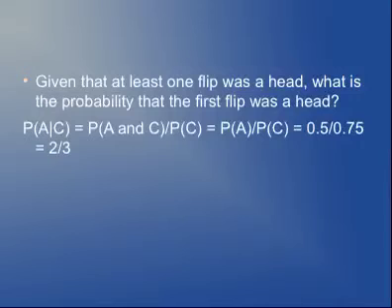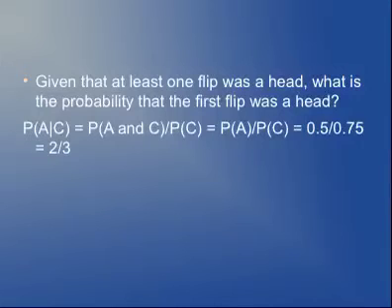So if you wanted to say, suppose in an illustration of conditional events, that we're given that at least one of the coin tosses was ahead. We want to know the probability that the first toss was ahead.